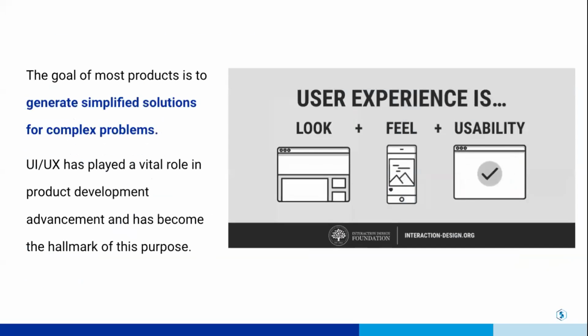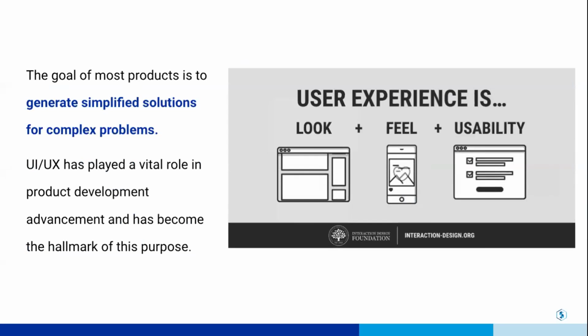We know that the goal of most products is to generate simplified solutions for complex problems. And UX UI play a vital role in product development and advancement, and have become the hallmark of this purpose, okay?